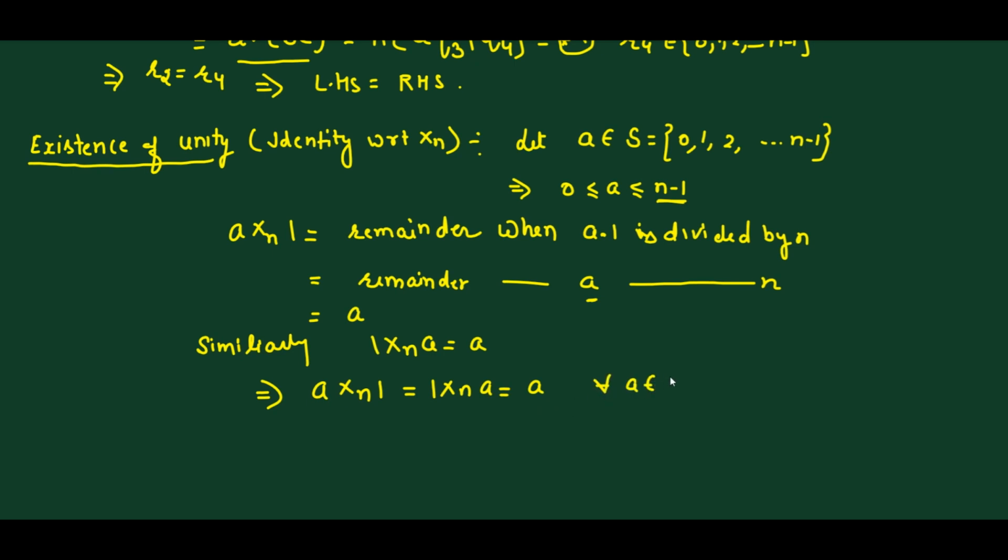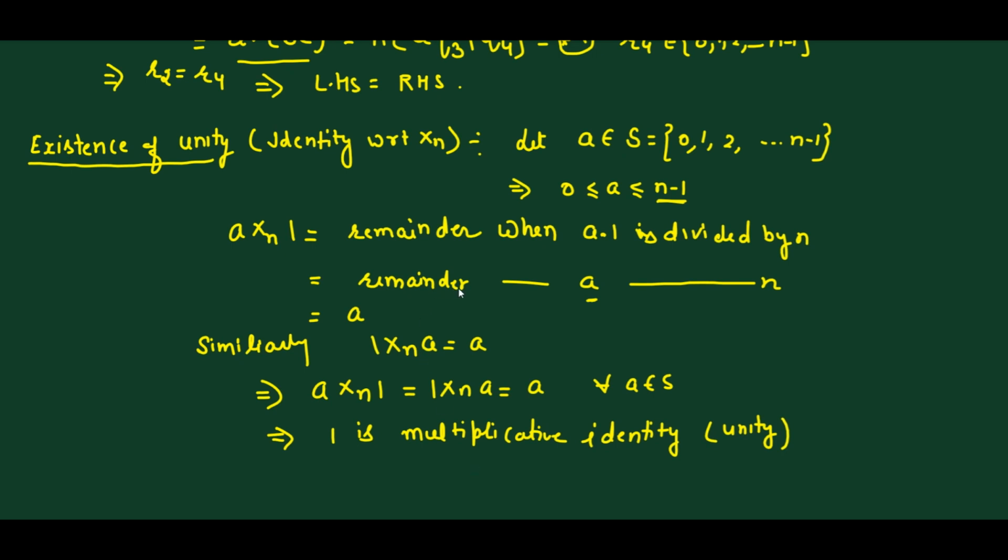So it means 1 is the multiplicative identity, and the identity in multiplication is generally termed as unity. So we have established the existence of unity.